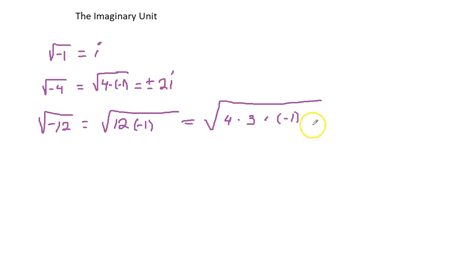Well, 4 is a perfect square, so we're going to have plus or minus the square root of 4, which is 2. The square root of -1 is i, and 3 is not a perfect square, so it stays inside the radical. So you notice I write the 2i up front. Now, some textbooks would write it like this: plus or minus 2 radical 3 with an i on the end. Which is correct? Both.